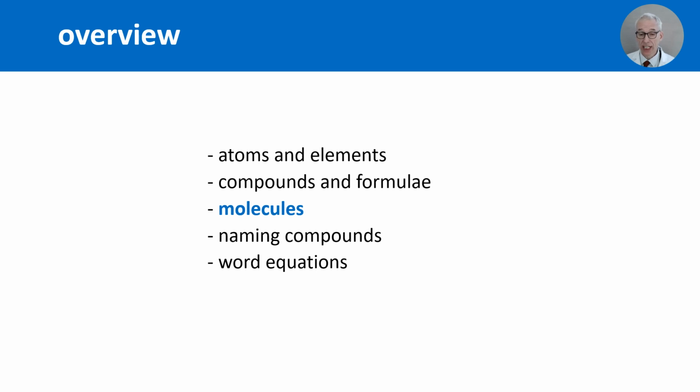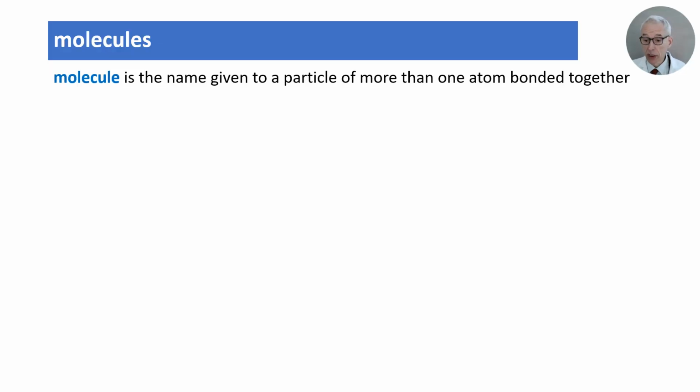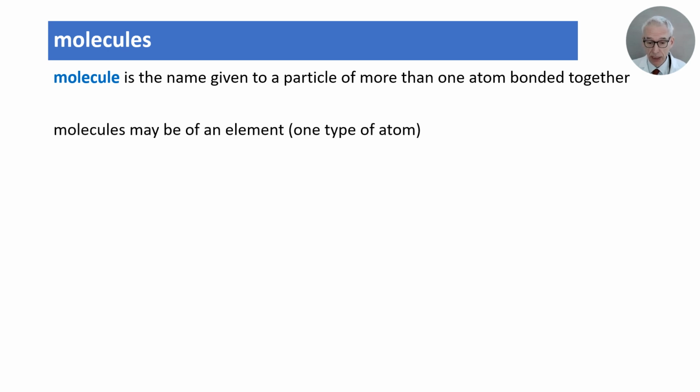Let's look at the idea of the molecule. Molecule is the name given to a particle of more than 1 atom bonded together. So molecules may be of 1 type of atom only, that is an element molecule.